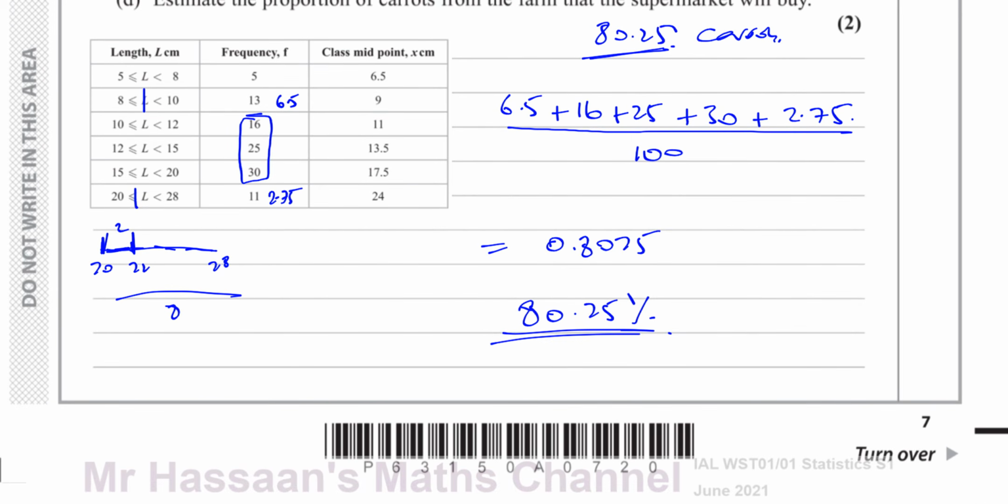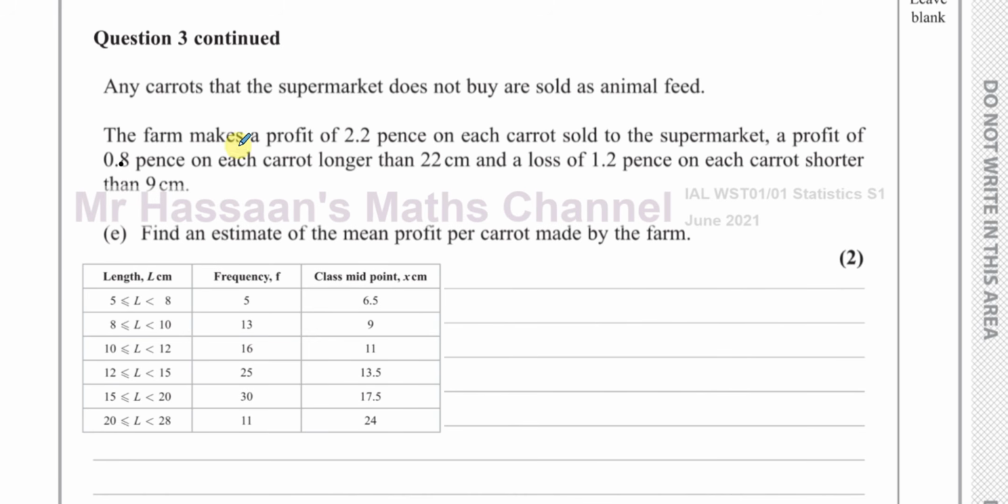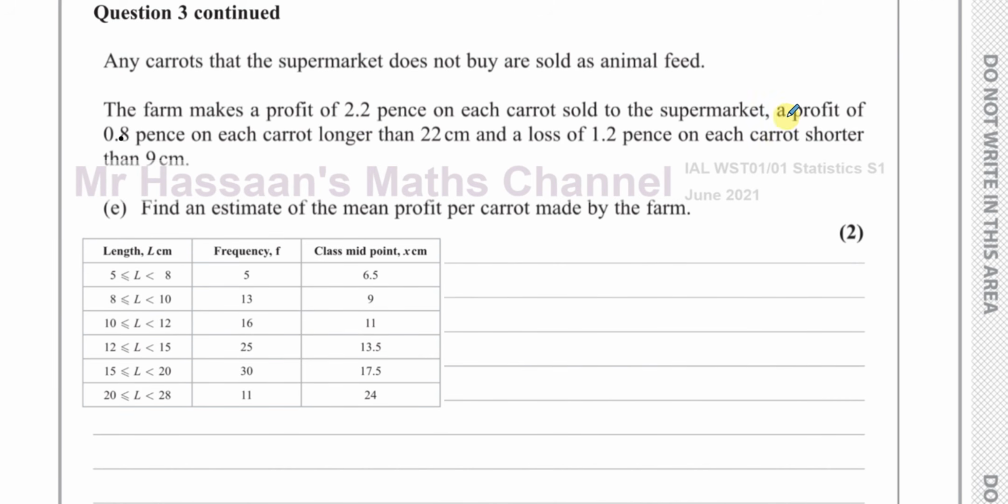Now for part E, it says any carrots that the supermarket does not buy are sold as animal feed. The farm makes a profit of 2.2 pence on each carrot sold to the supermarket. So 80.25 are sold to the supermarket. Then it says a profit of 0.8 pence on each carrot longer than 22.